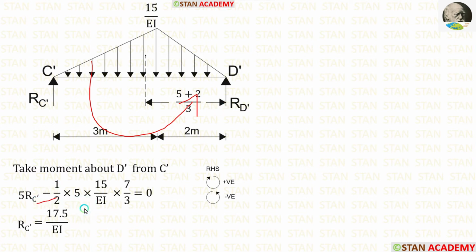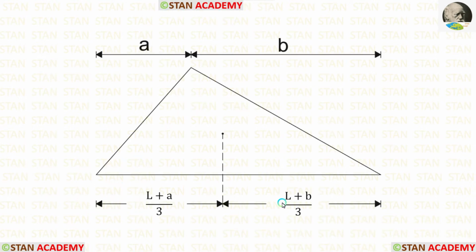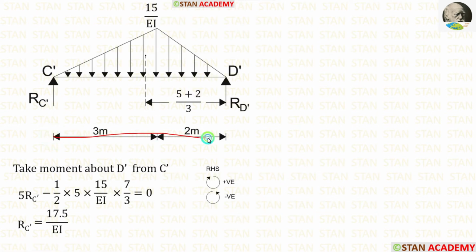For the UVL, we have to multiply the area with the centroid. We know the formula for the area of a triangle, half into breadth into height. For this kind of triangle, the centroid distance towards the right is L plus B upon 3. Here L is 5, B is 2.